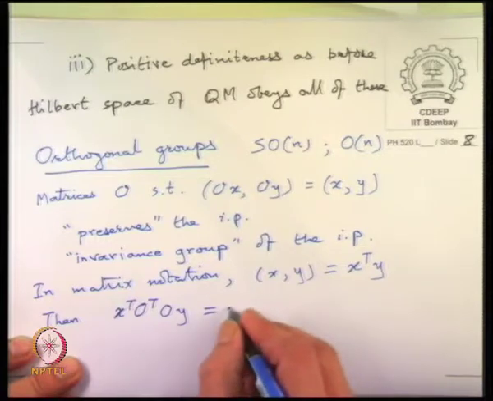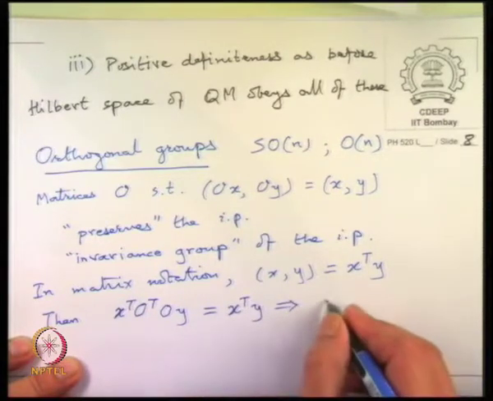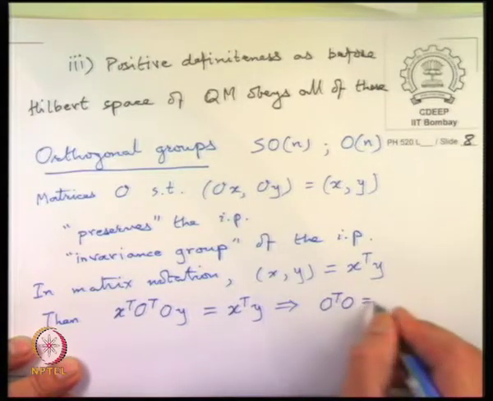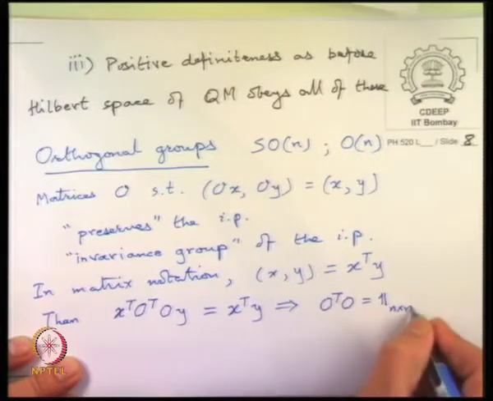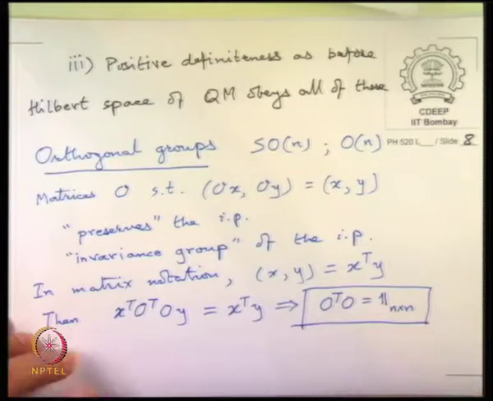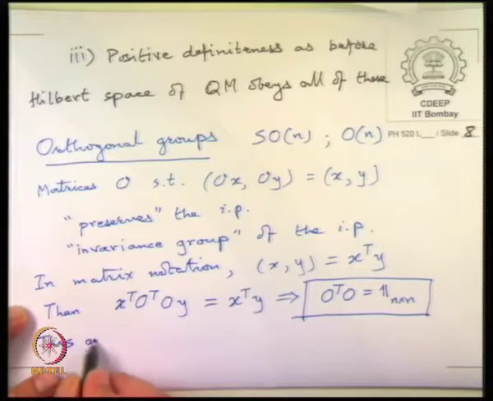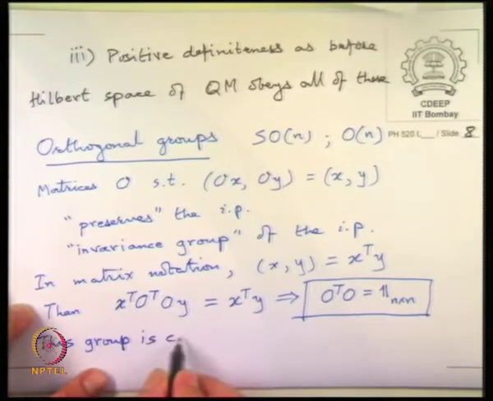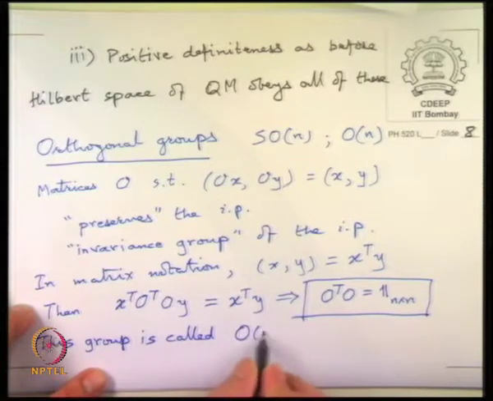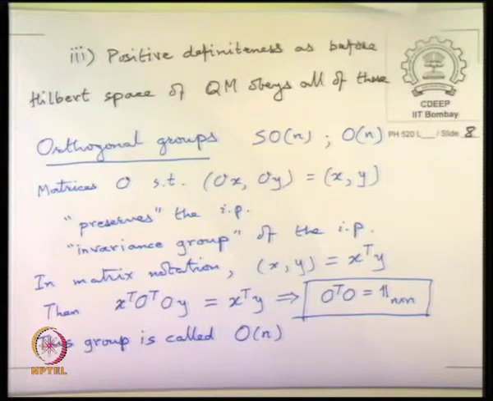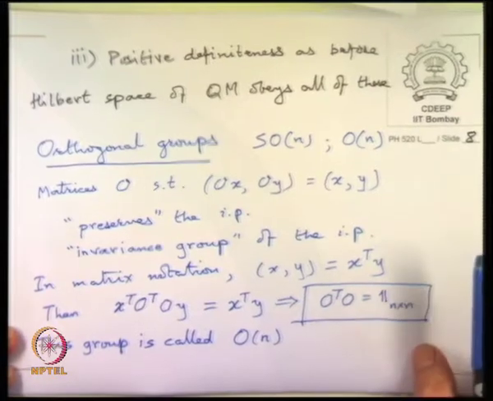Therefore the property required is O transpose O equal to the identity matrix. That is the defining property of the orthogonal group, and this group is called O(N), the set of all such matrices. It's obviously a subgroup of GL(N, R), because when you take a general linear matrix which has an inverse but then restrict it to satisfy this O transpose O condition, it's a subgroup of GL(N, R).